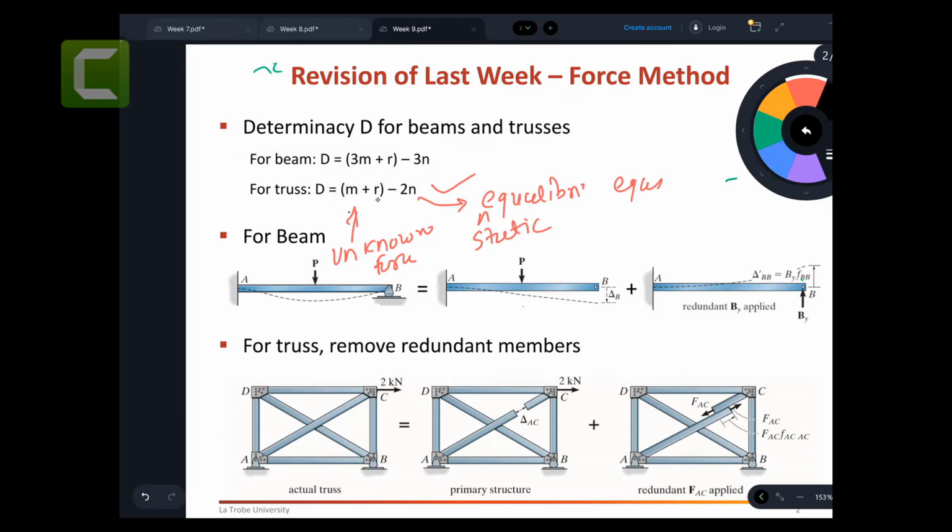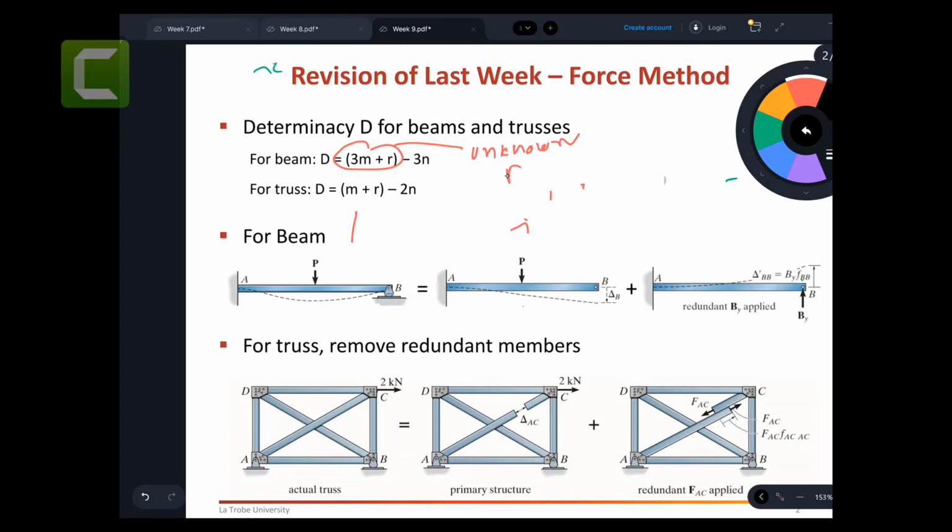Similarly here, the first terms represent unknown forces, and the other terms represent the number of static equilibrium equations. So basically, how many unknown forces, take away how many equilibrium equations you have in the system.